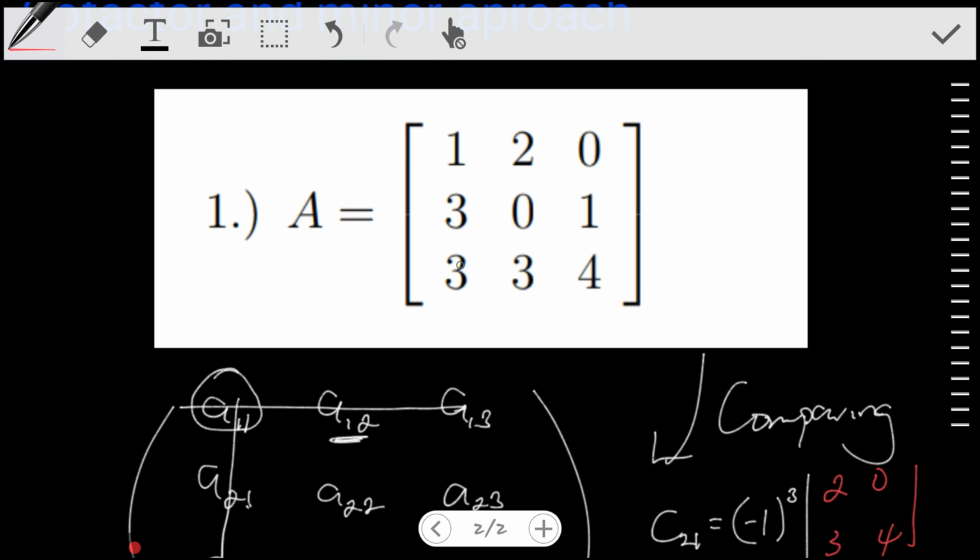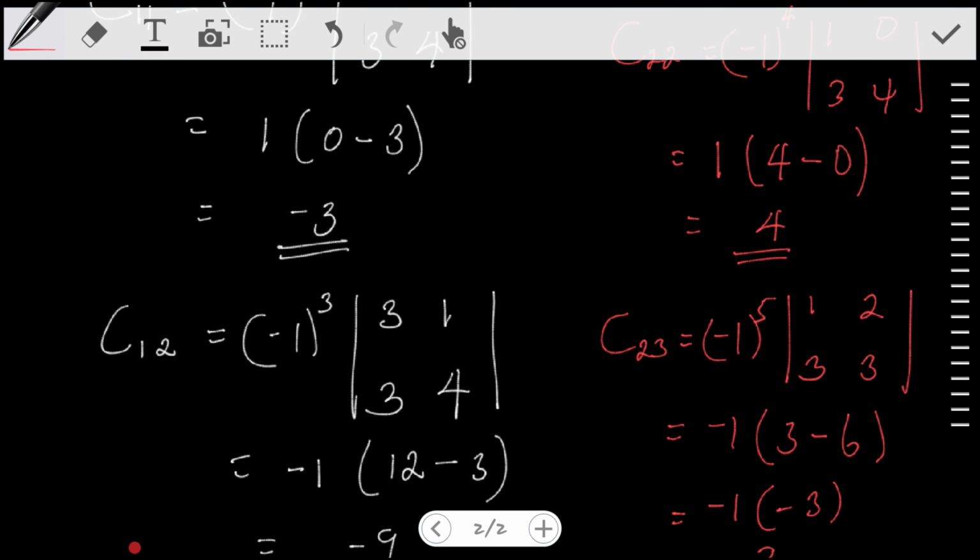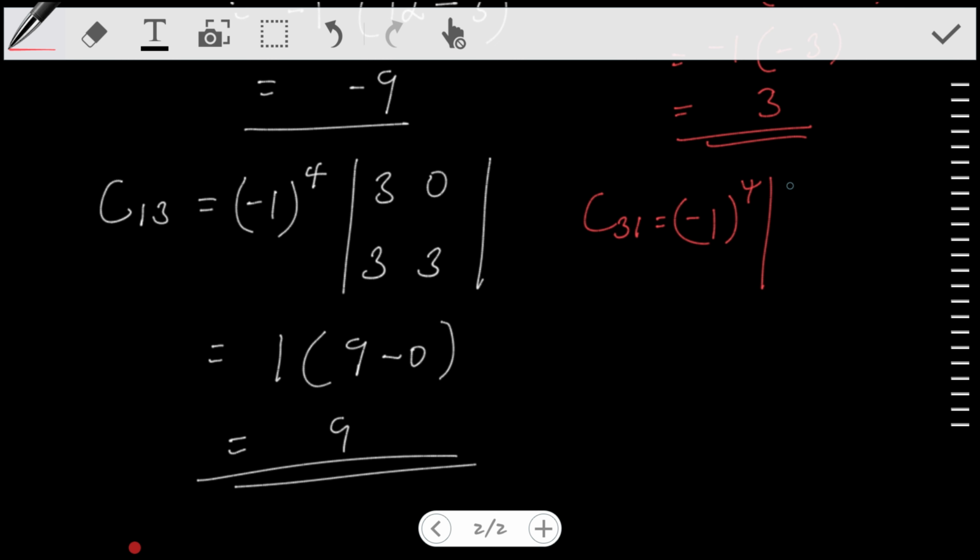We are going to eliminate this row and the column, so we remain with 2 0 and 0 1. So this is going to be 1 into 2 minus 0, which is equal to 2, which is perfect.